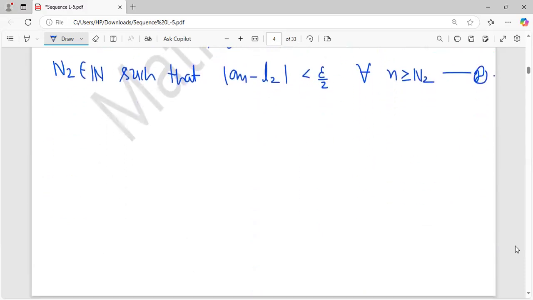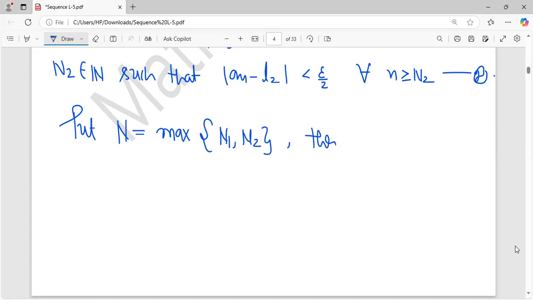Now, put capital N equal to maximum of capital N1 and N2.